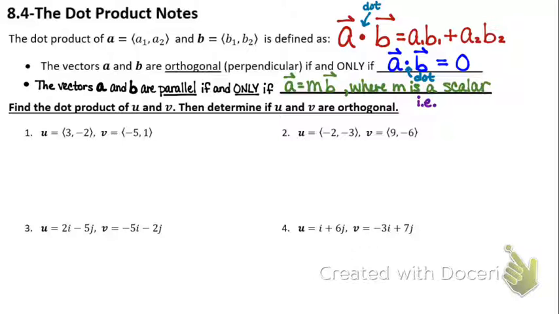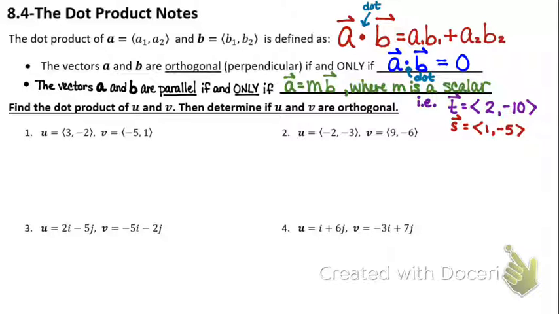I'm going to let vector, I don't know, let's call it vector t, be equal to 2, -10. I'm just adding some examples of parallel off to the side because we had some huge confusion about this earlier today, so I want to try to clear that up. If I have another vector, let's call it S, and it's equal to 1, -5.